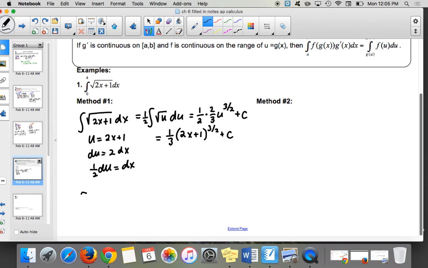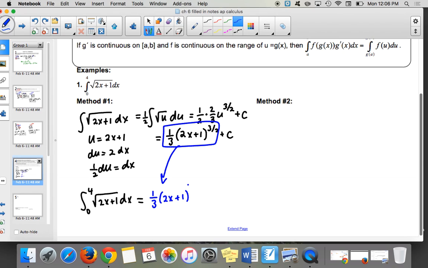We would then say, oh, but we have the integral from 0 to 4 of the square root of 2x plus 1 dx. So these were our x values, we were going from 0 to 4 for x, right? So we take our antiderivative from here, and we say, okay, I have 1/3 (2x plus 1) to the 3/2, and I'm going to go from 0 to 4.